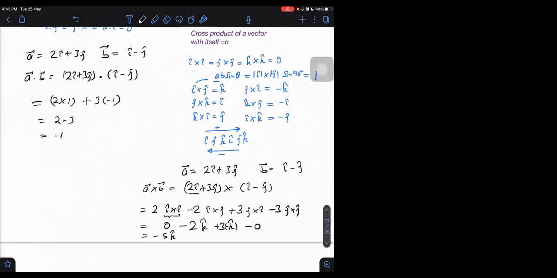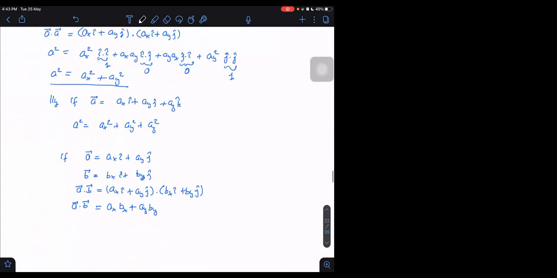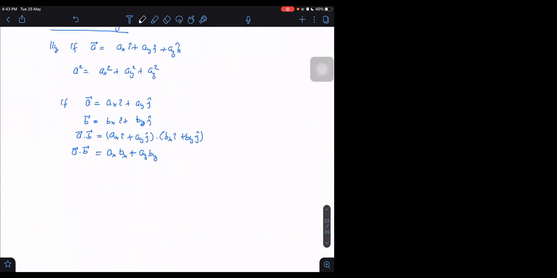Okay. Next we can do one thing here. The way we have discussed this separately for how to write it if it is given ax, ay, the same way I can do it for vectors also. Let me do it for vectors.